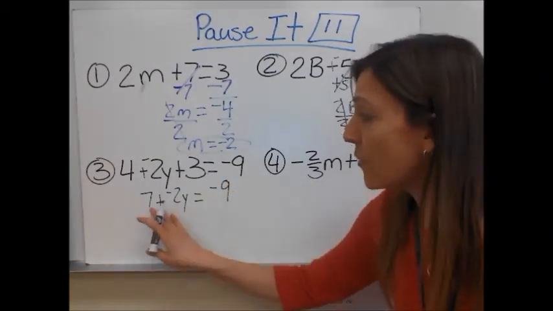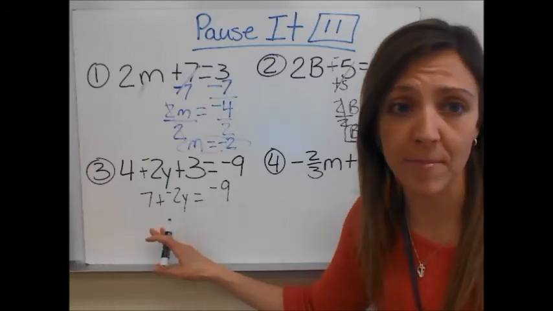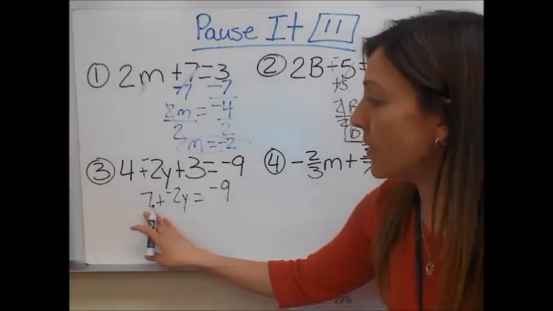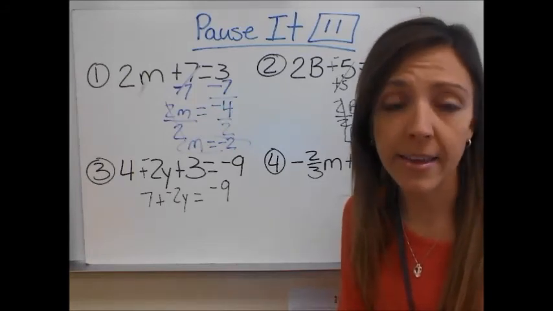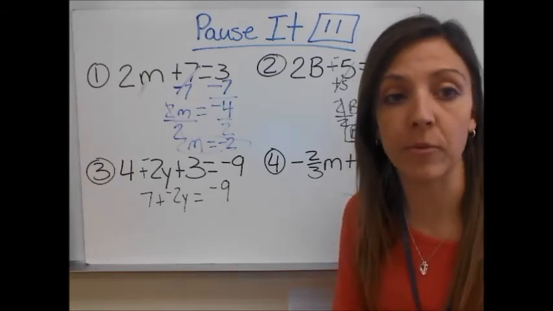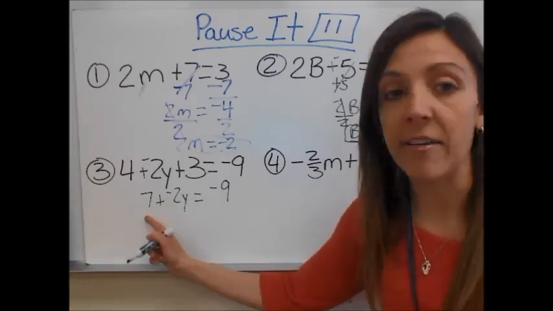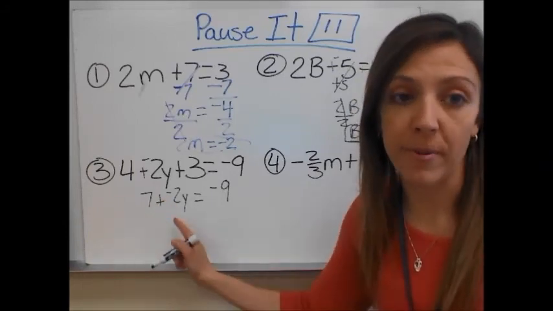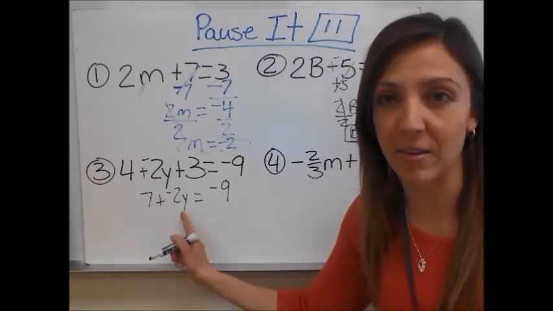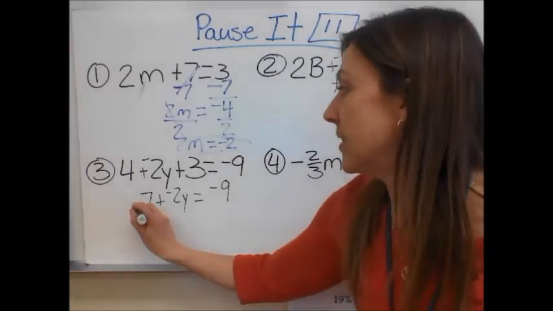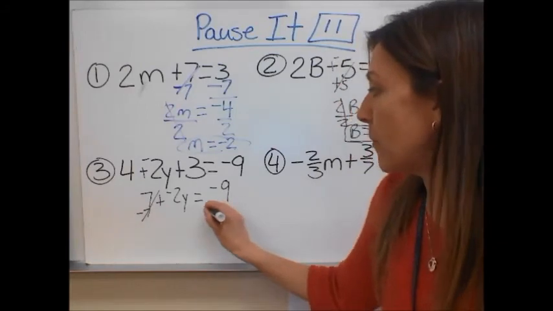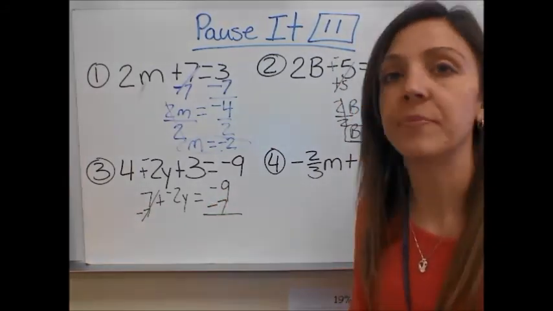Now, I have no more like terms that I can combine, so I'm just simply going to look at it and use my rules for a two-step equation. Isolate king variable using inverse operations, begin with addition or subtraction. This 7 right here is where I'm going to start because over here is multiplication, and I'm not supposed to begin with multiplication. I'm going to subtract 7 to cancel it out, and I'm going to do the same to the other side.